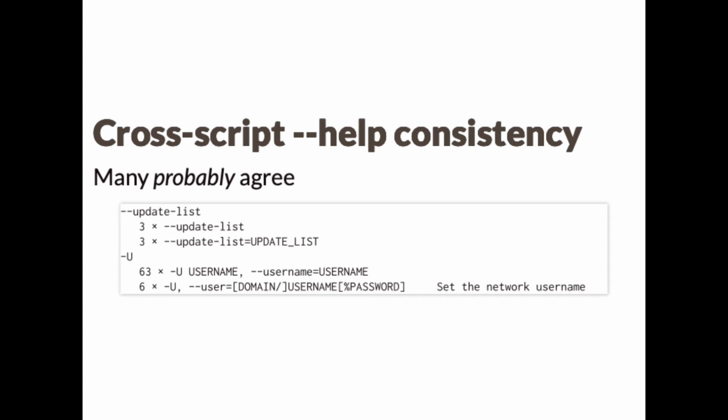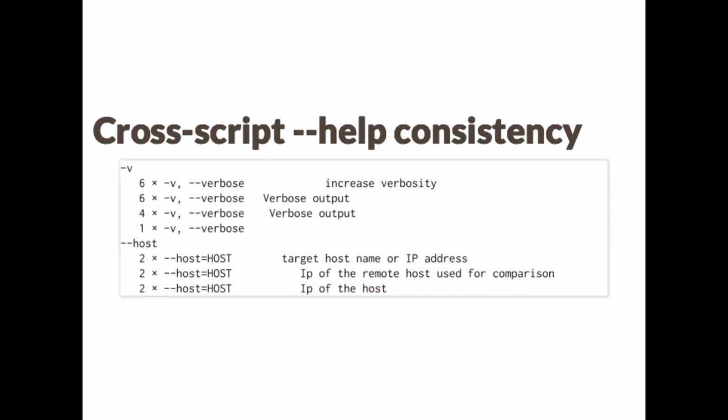And probably all the -v means increased verbosity, but when it says increase verbosity, that leads me to think that maybe you can add it 2 or 3 times, which is the way you can do it on some tools, whereas other ones just say verbose output. So maybe we have an inconsistent pattern in our dash v, or maybe not.